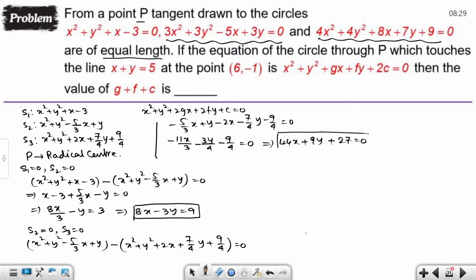So these are the equations of the two radical axes. So now let me solve these two equations, this equation and this equation, to get the coordinate of the radical center. So I'm simply multiplying this equation with 3. So what you are getting?